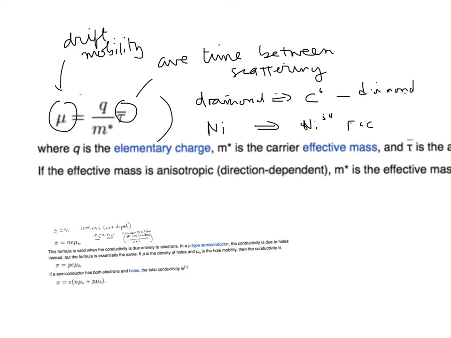So you have very high drift mobilities in diamond, and very tiny drift mobilities in nickel, because the average time between collisions is small in nickel, because it's always running into things or being diverted by the charge in the nucleus, whereas diamond actually has somewhat of a free and clear path. So anyway, I hope this is somewhat insightful and helpful.